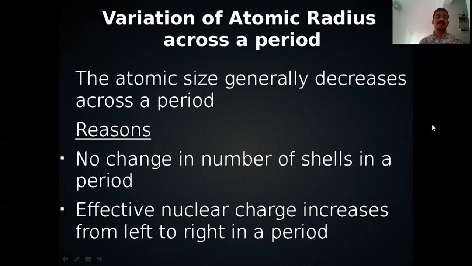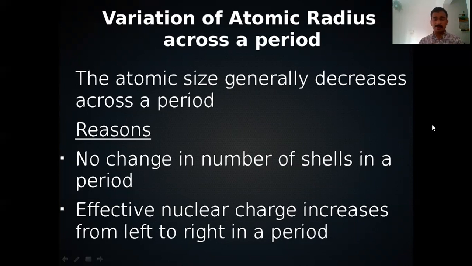Effective nuclear charge increases from left to right in a period. What is meant by effective nuclear charge? Effective nuclear charge is the nuclear charge felt by the outermost electron. As we move from left to right in a period, the positive charge in the nucleus is increasing. Lithium it is +3, beryllium +4, boron +5, carbon +6.